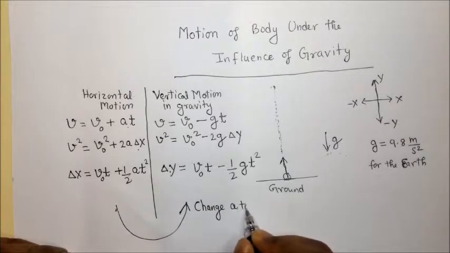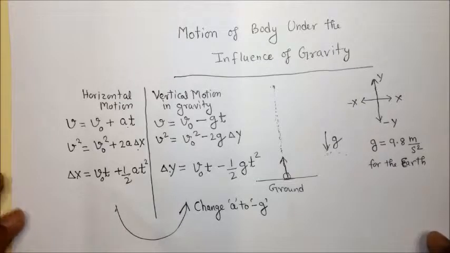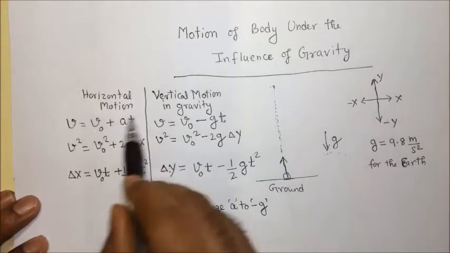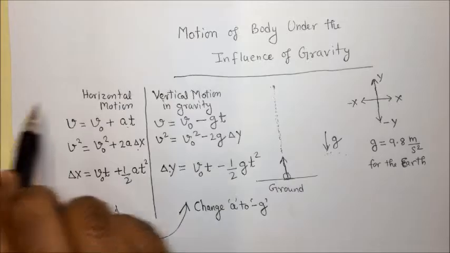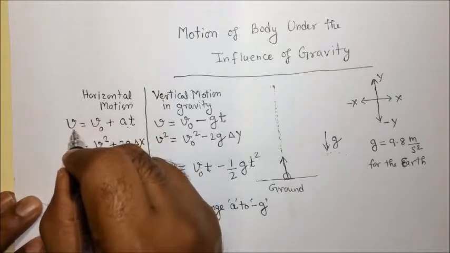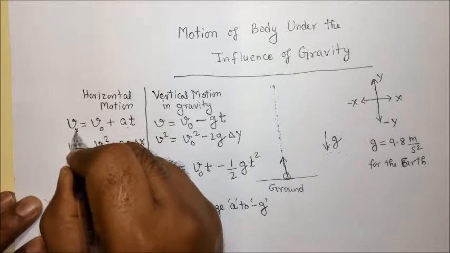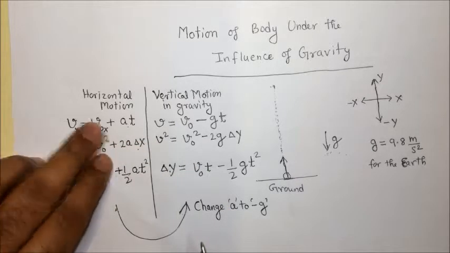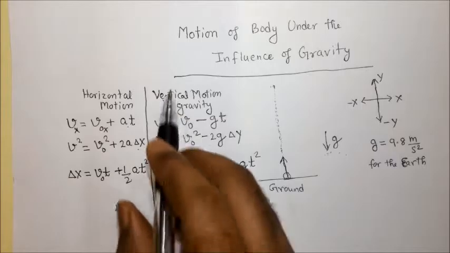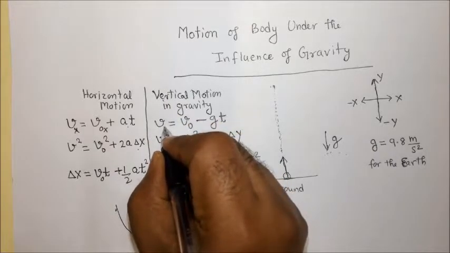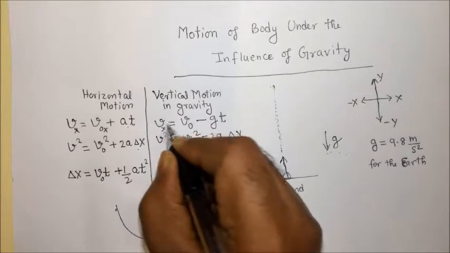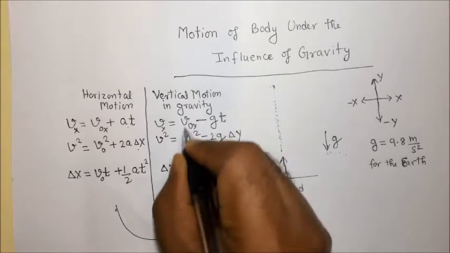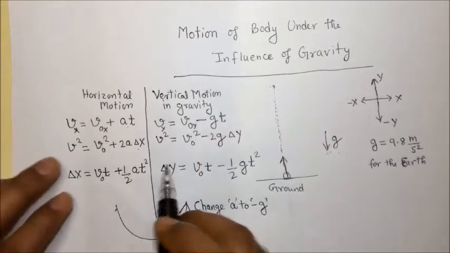As I said earlier, for extra clarity, since this is a motion in X direction, one can insert a suffix here. V final X is equal to V initial X plus AT. Then this becomes V final Y is equal to V initial Y minus GT.